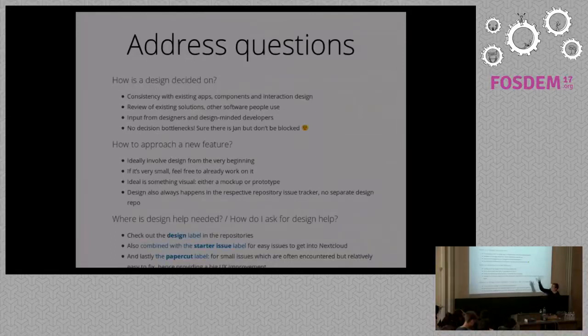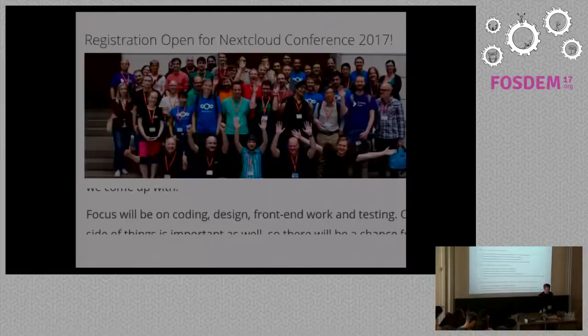For example, how is the design decided on, how to approach a new feature, where is design help needed, or how do I ask for it as an app developer. So if it's discussed in this way at a developer meeting or developer designer contributor meeting, then it's good to notice where you lack things and how to improve things.